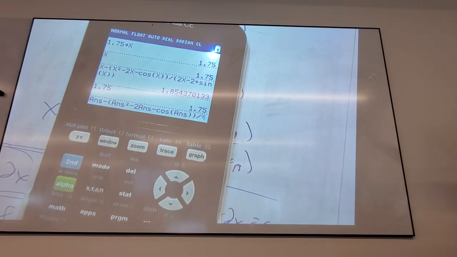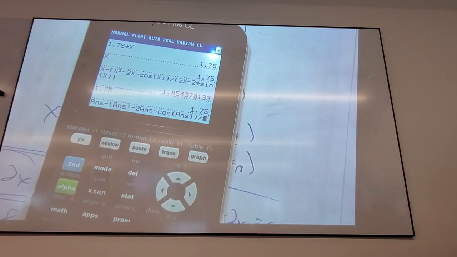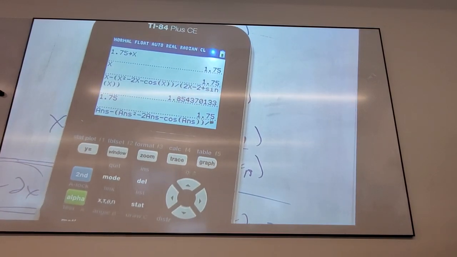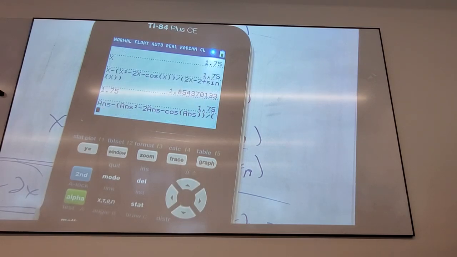I'm just replacing x with answer, yes? It's effectively doing the same thing x did. It just does it even better.